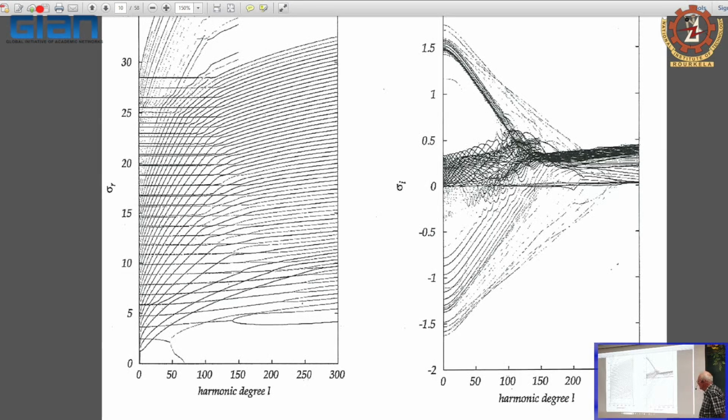What we observe here is a very complicated and bewildering diagram. For simplicity, let's start at a very high value of the harmonic degree, 300. What we observe at high harmonic degree is a spectrum like we expect for an ordinary acoustic resonator.